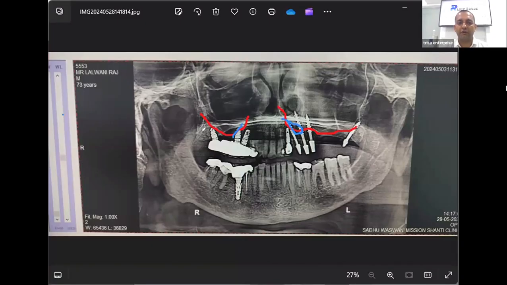However, if your zone A is shortened by the pneumatization of the maxillary sinus medially, which means in short your zone B has extended up till the first premolar or canine, in that case you will compulsorily need a zygomatic implant. Otherwise, the AP distance between your canine implant and the pterygoid implant will become too large. So in cases where zone B extends up till the canine, that case will require a zygomatic implant.